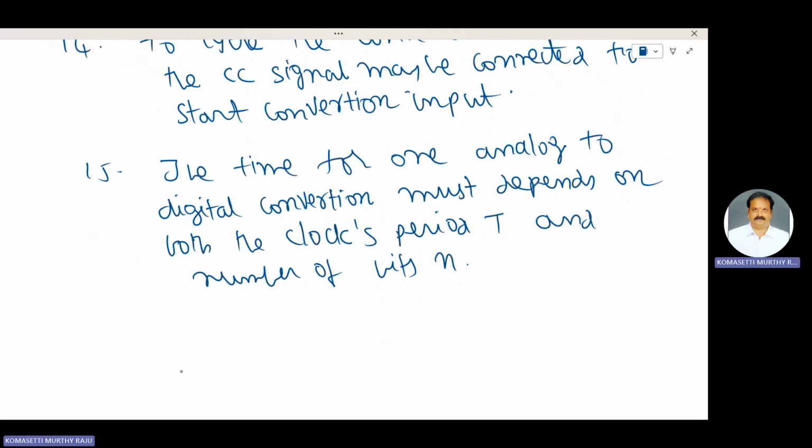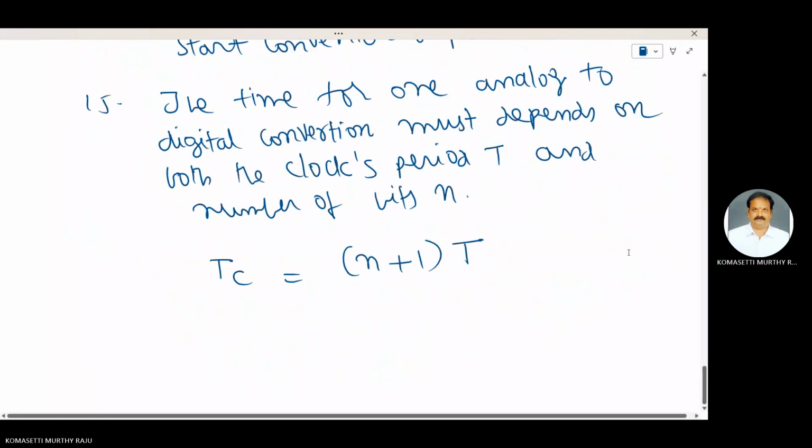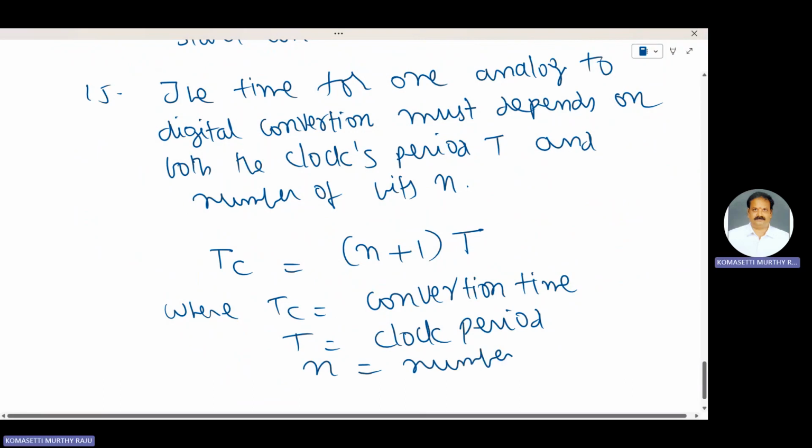Therefore, conversion time TC is equal to the number of bits N plus 1 into T, where TC is the conversion time, T is the clock period, and N is the number of bits, that means output digital data bits.